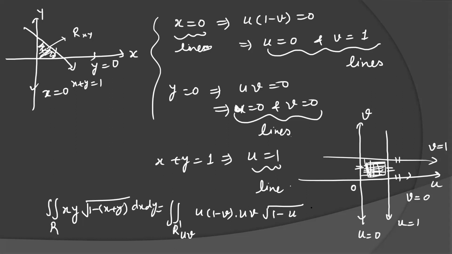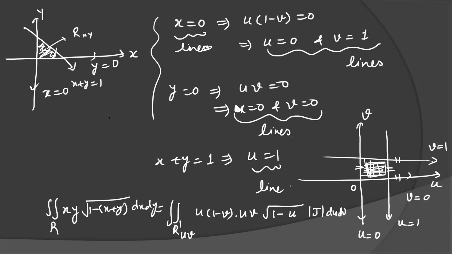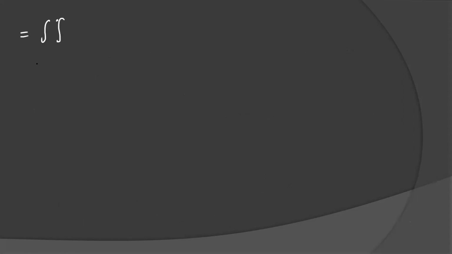Then the modulus of the Jacobian, du dv. This will be the integration. Now see the region in the uv plane: u is from 0 to 1 and v is also from 0 to 1. You will get the integral of u cubed under root (1 minus u), times v(1 minus v), du dv.